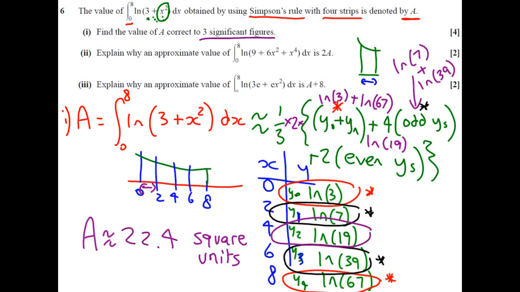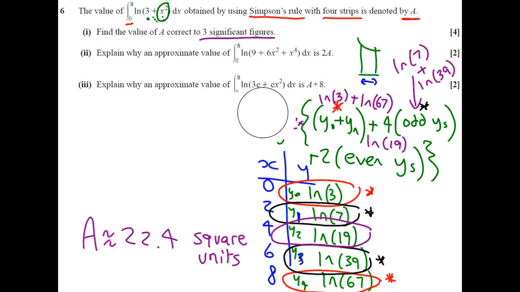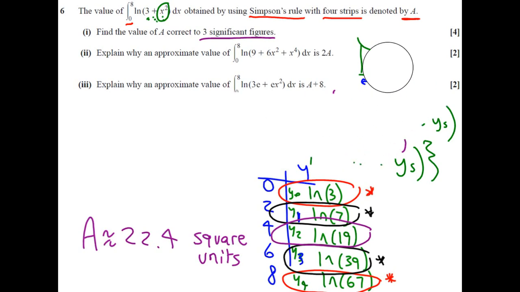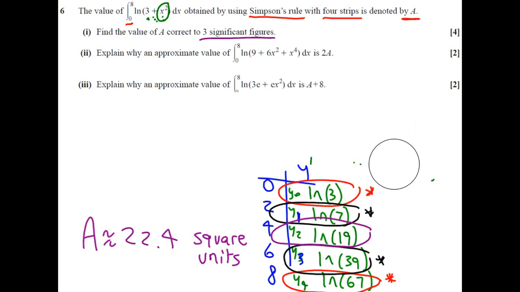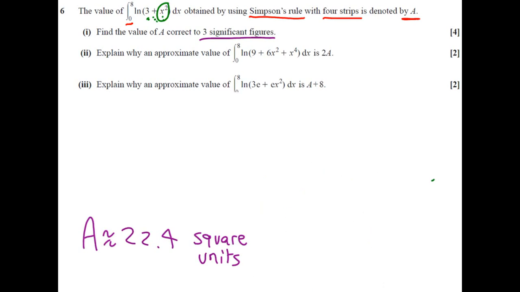Let me just erase what we've done so far, apart from the key bits. So part 2: explain why an approximate value of that is 2 times the area we've just found. This is using your log laws. Now you have to notice that what we've just talked about was ln of 3 plus x squared.